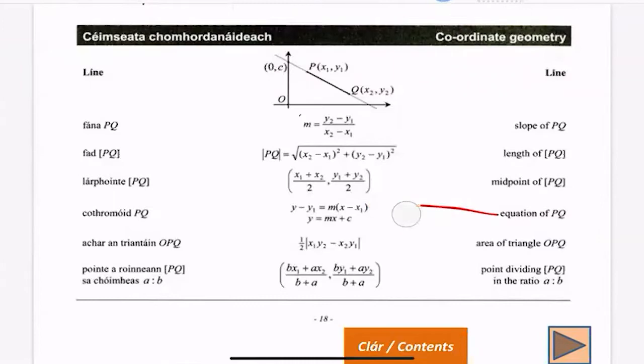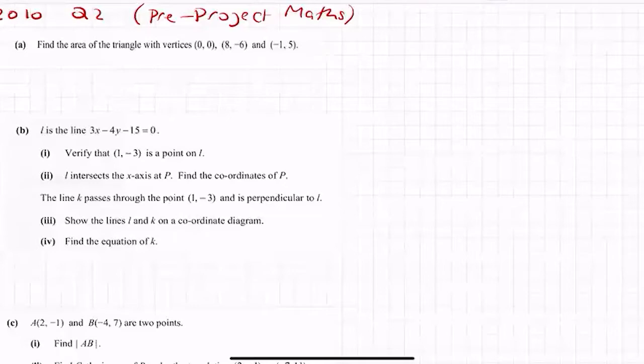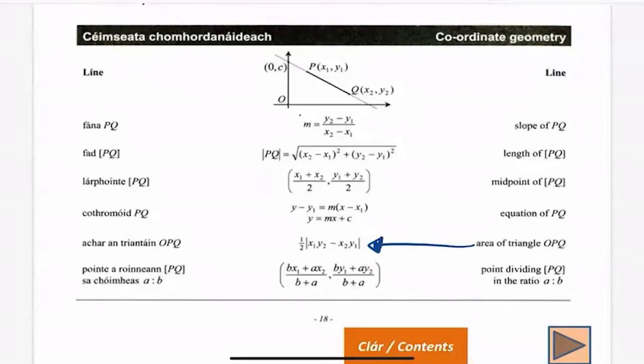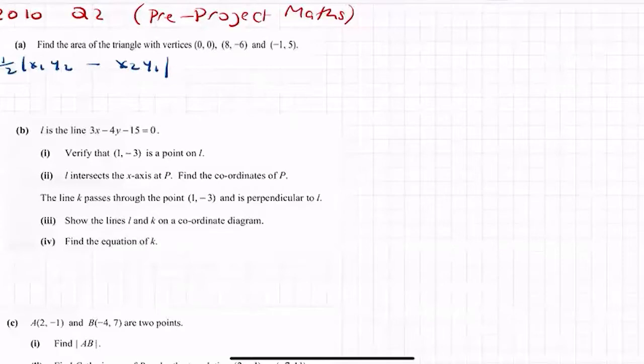So what you're doing is you are going to your log tables, page 18, and you're using the area of a triangle formula. So half of x1, y2 minus x2, y1. Okay, you just be careful when you're using this formula because it only has 2 points in it, x1 and y1, x2 and y2.